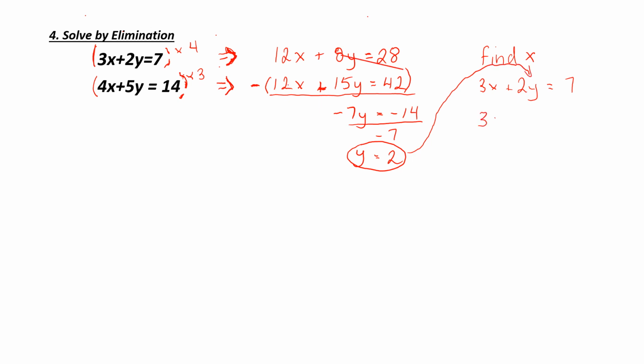So I now have 3x plus 2 times 2 equals 7. Therefore, 3x plus 4 equals 7. I take 4, I subtract it from both sides, giving me 3x equals 3.